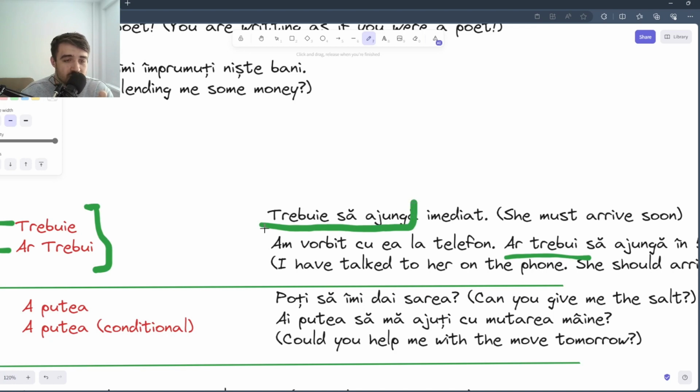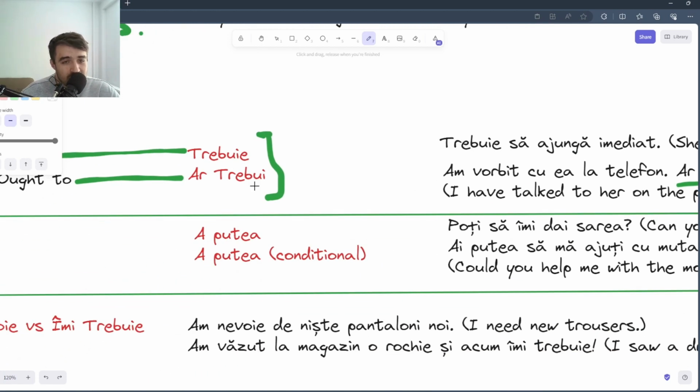So you don't conjugate trebuie, you conjugate the conjunctive. So you don't conjugate this verb, you conjugate the one that follows. Keep trebuie and ar trebui always the same. Keep ar, actually, this is probably more important. Keep ar trebui. You never say am trebui.